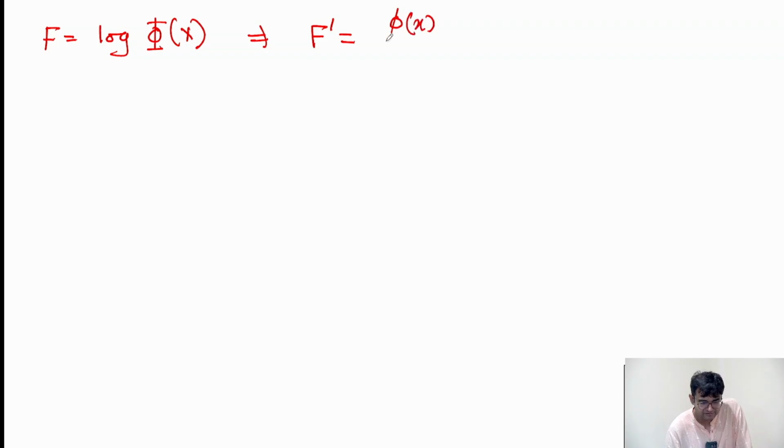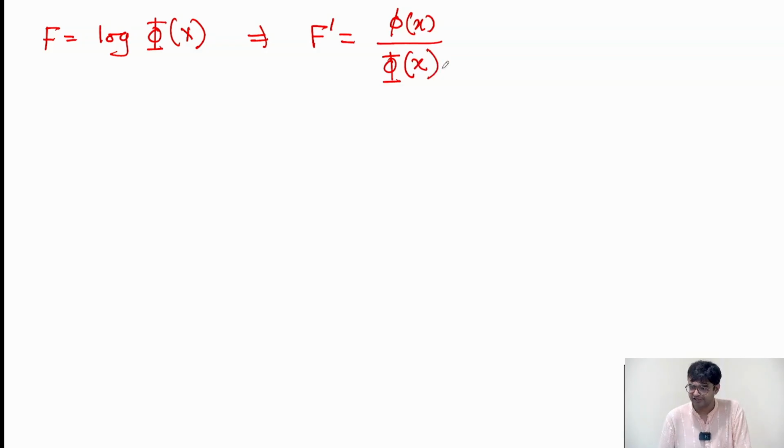To do that, we started with defining f as log of capital phi of x, which implied, and these are things we did last time, so I am going a little bit faster, f prime of x is small phi of x divided by capital phi of x.